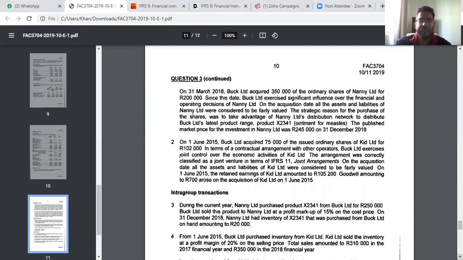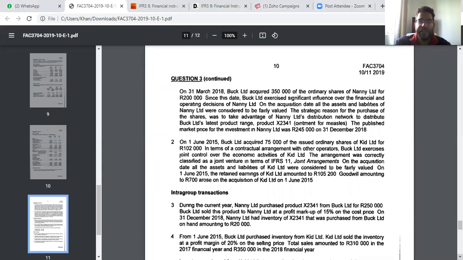When you have that, it means you have a joint arrangement. We will then have to determine whether we have a joint operation or a joint venture, because that will tell us how we will have to account for the item.